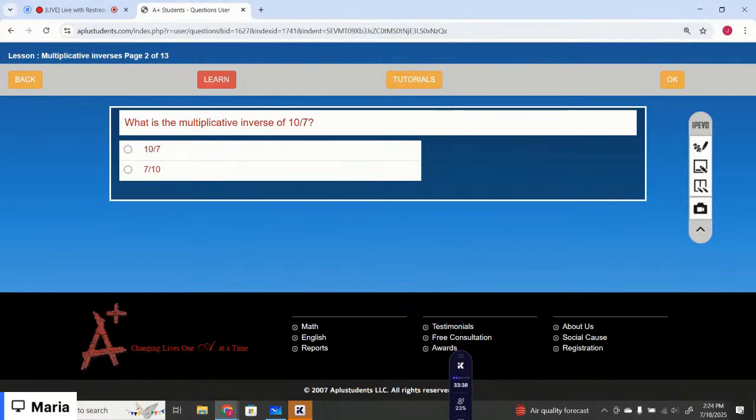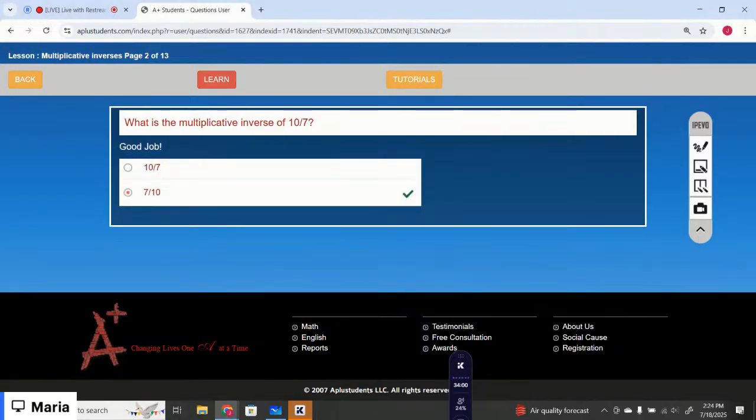What is the multiplicative inverse of 10 over 7? That is 7 over 10. Option number 2 is the correct option.